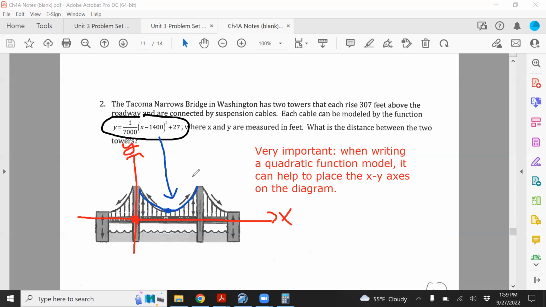With that said, how wide or how long is the distance between the two towers? What do you guys think now? Without doing any math, really just by doing this comparison modeling. 1,000? 2800? 2000, thank you. The answer is 2000.